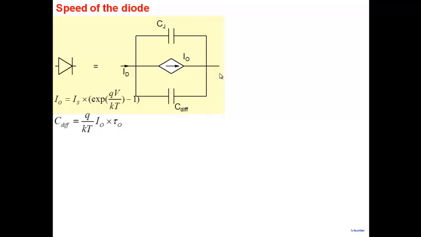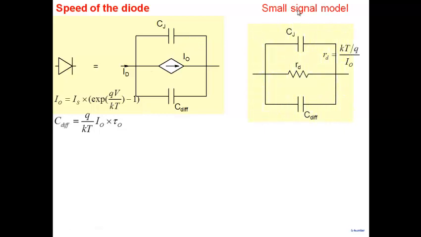So what do I mean by speed of the diode? We are saying the diode looks like this here. Now, quantifying speed can be done in two different ways. In one of them, from this particular model we derive a small signal model. Small signal means, for incremental changes in voltage, how does the current incrementally change?